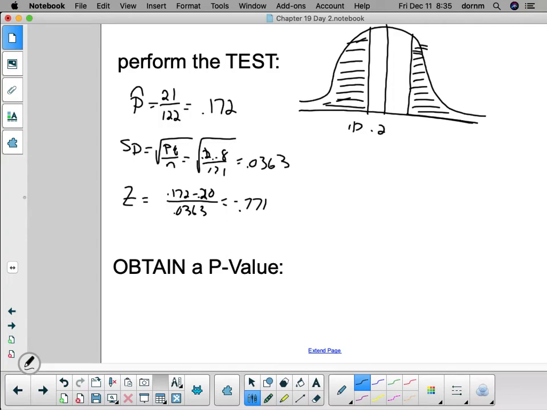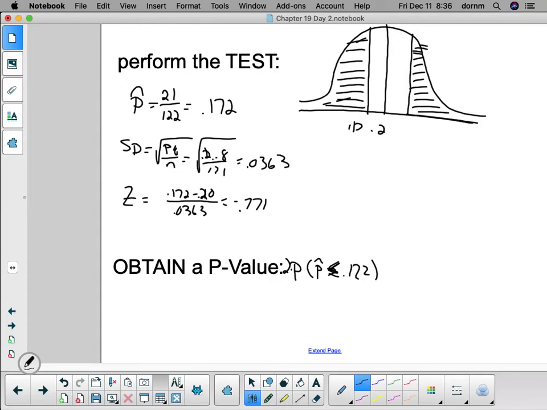Next, now that we've got all that, we're going to obtain our p-value. So P of P hat less than, sorry, or equal to 0.172. We're going to take 2 times that because it's two-tailed. We're going to do that in our calculator now.